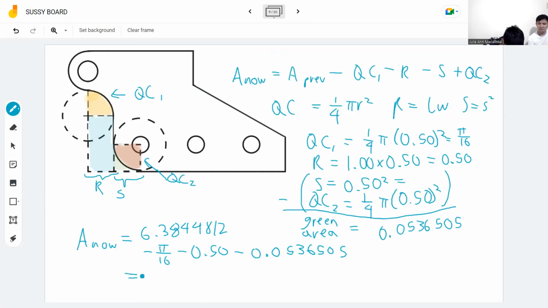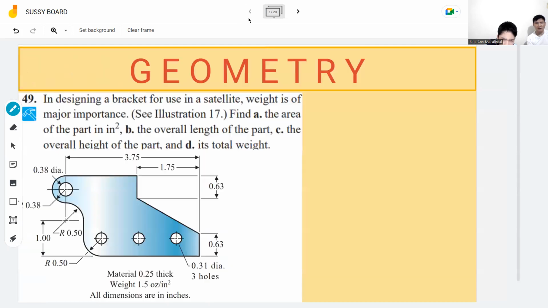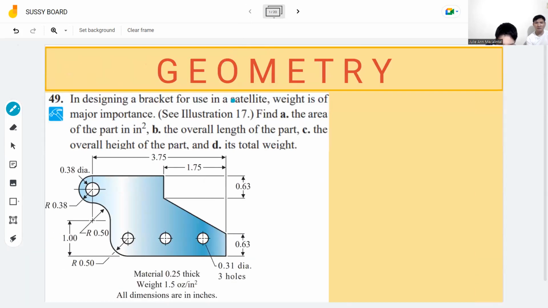So this is equal to 5.6344812 inches squared, which is approximately 5.63 inches squared. Okay, so that is the first question of the problem, letter A.